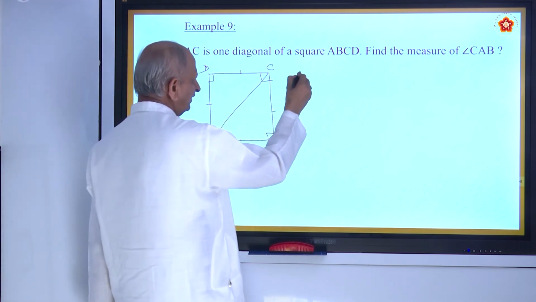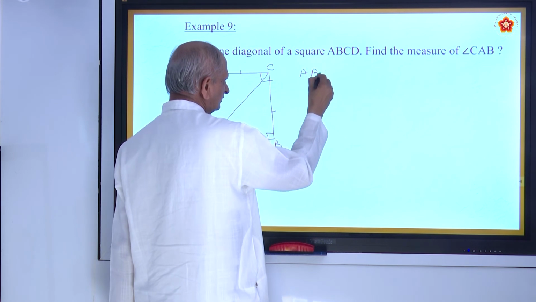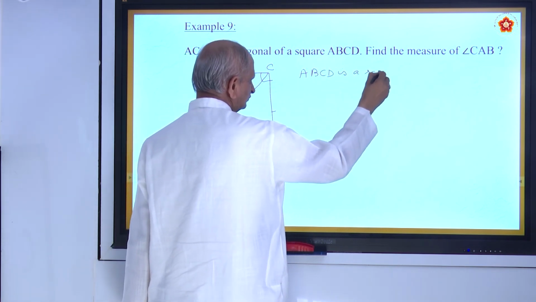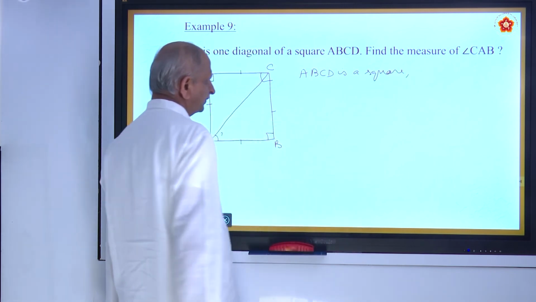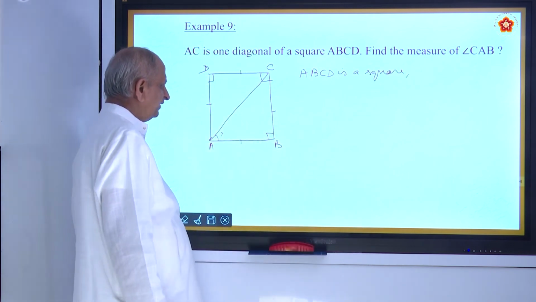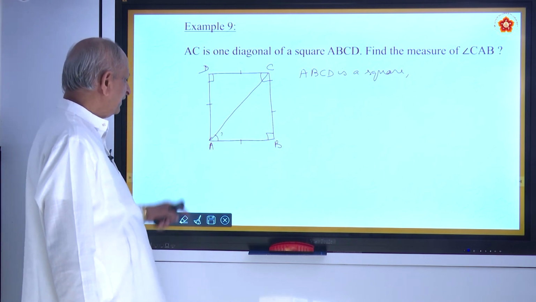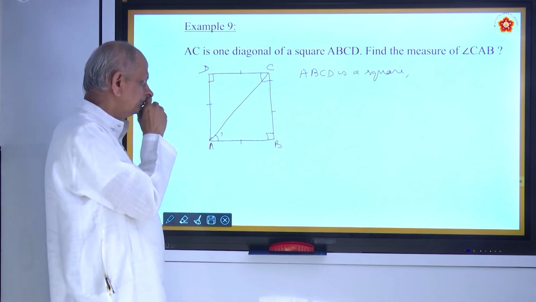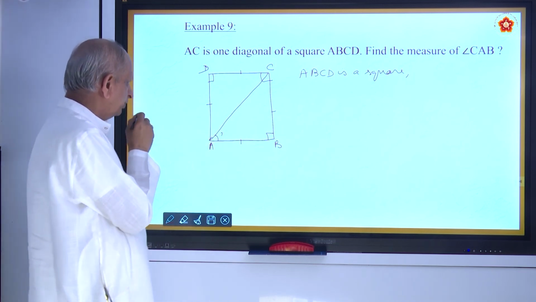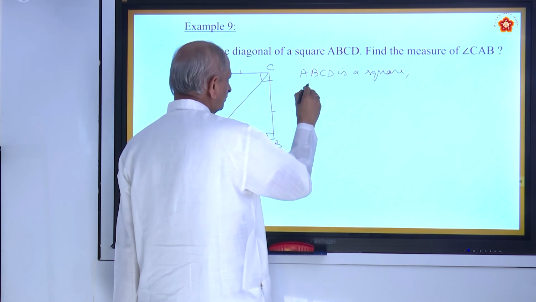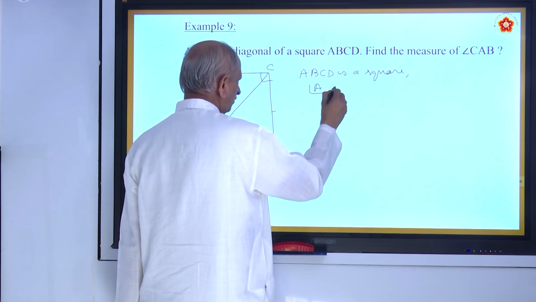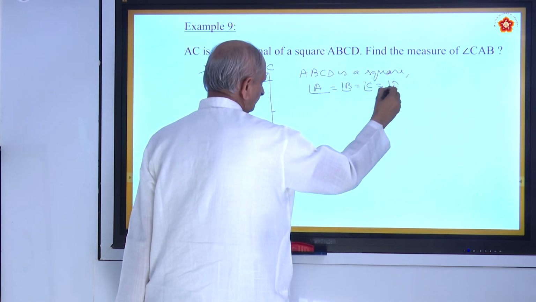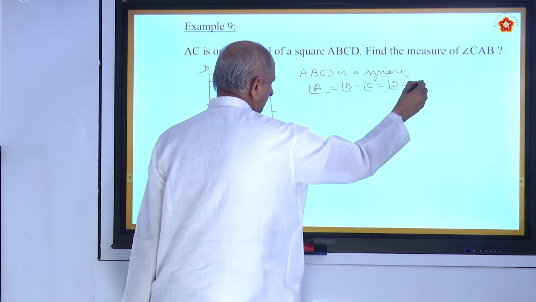So you can write ABCD is a square in which all angles are 90. Here what do the diagonals do? The diagonal bisects the angle. So you can write A is equal to B is equal to C is equal to D. All angles are equal to 90 degrees.